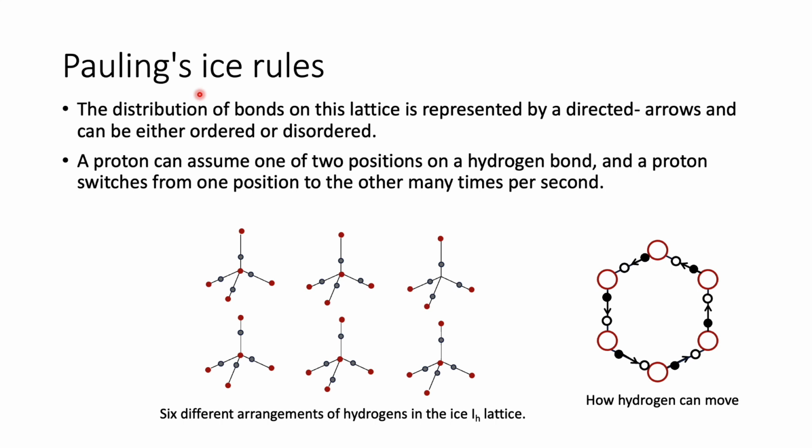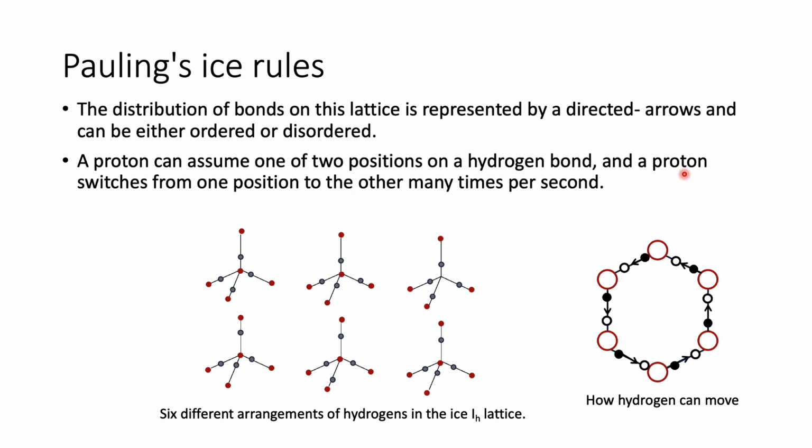So then where is it present? The Pauling ice rules tell about where the hydrogen may be present. The distribution of bonds on this lattice is represented by directed arrows and can be either ordered or disordered. So here we will be looking at how they are present. The hydrogen atom can assume one of the 2 positions of the hydrogen bond, and hydrogen switches from one position to another many times per second.